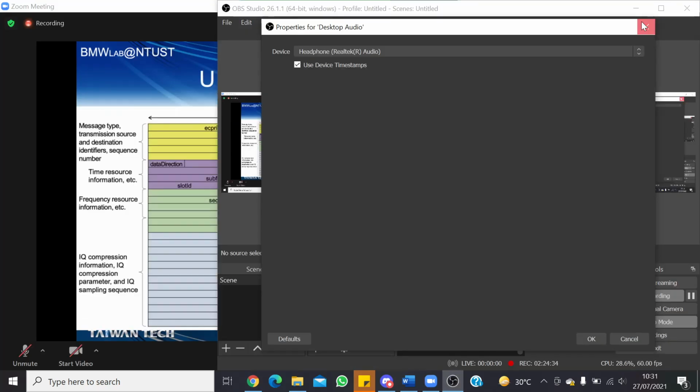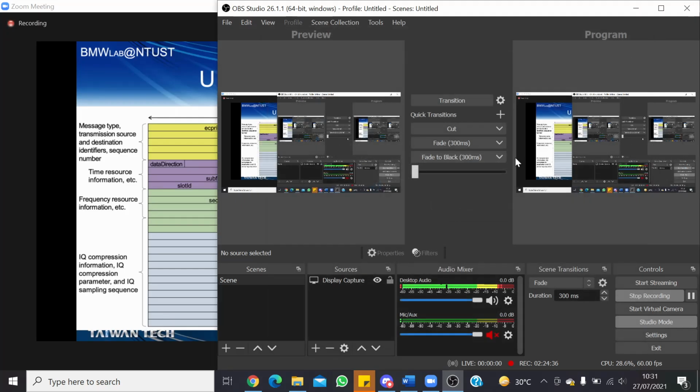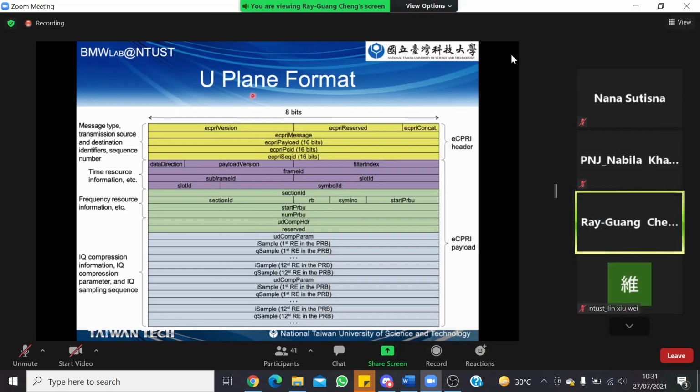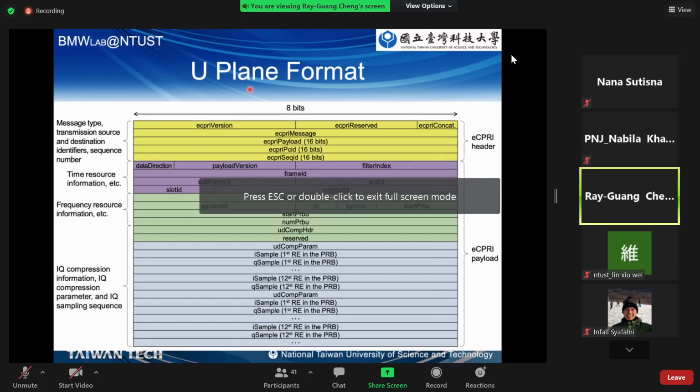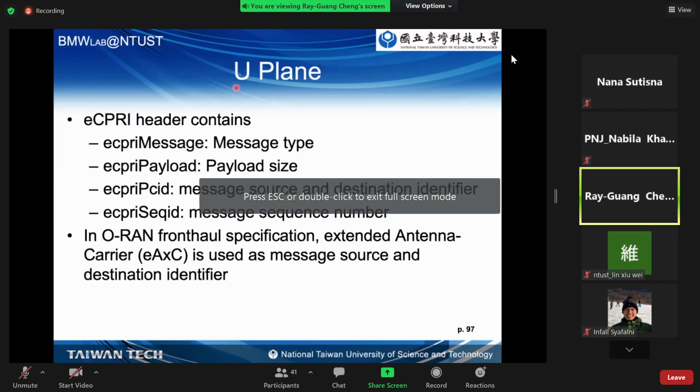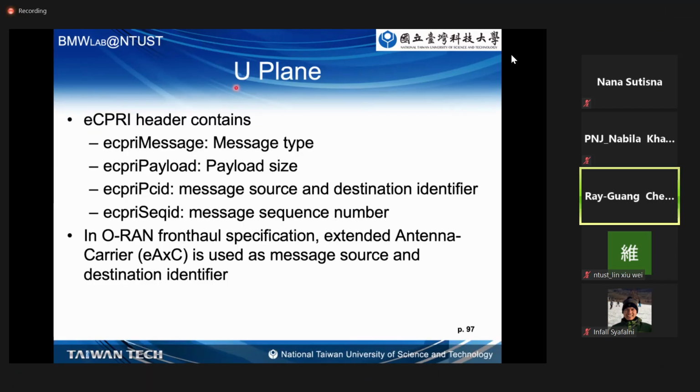To remember, we are talking about eCPRI, they will carry user plane and the control plane. So this video is for user plane. So let's see what user plane packets are carried. We mentioned they have header and the payload. Header, they consist of majorly 4 information. First one is message type. Second one is payload size. Third one is PC ID. PC ID is important.